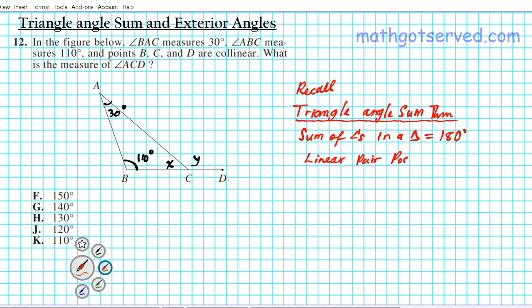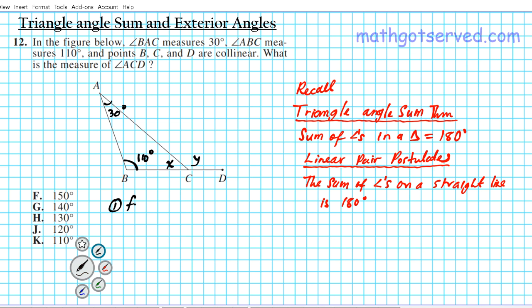It says that if a pair of angles form a straight line, then they're supplementary. The sum of angles on a straight line is 180 degrees.